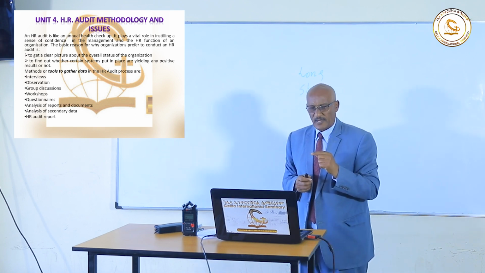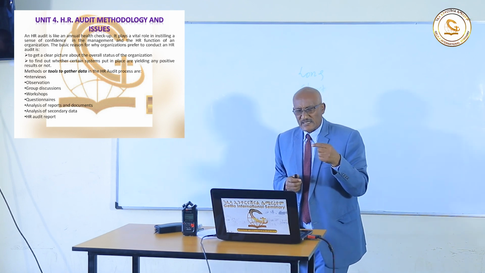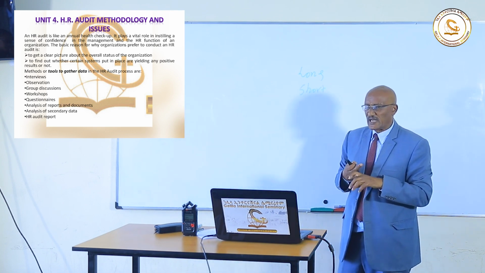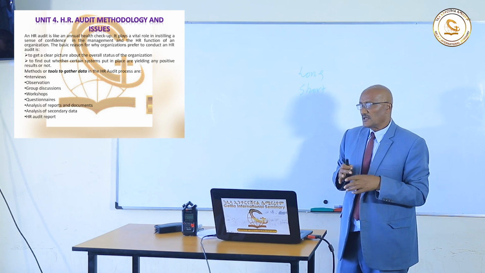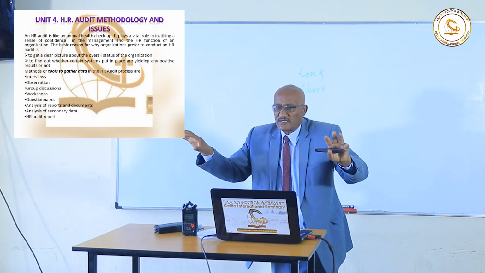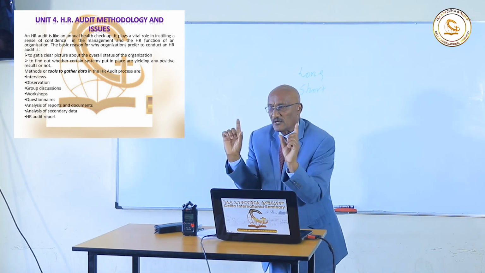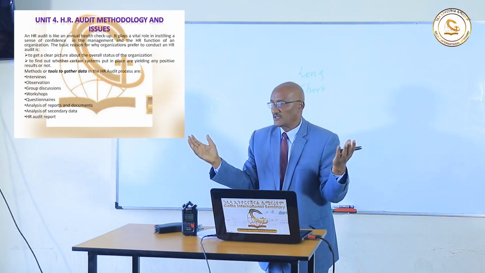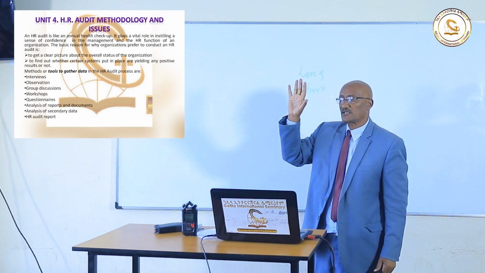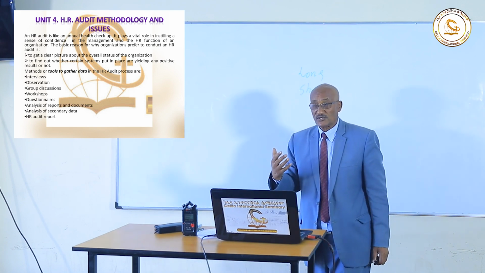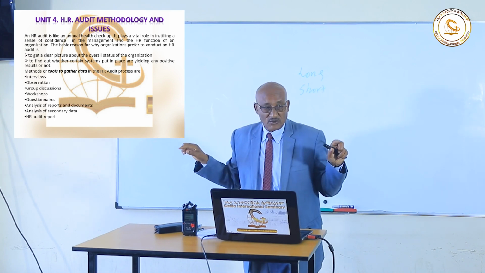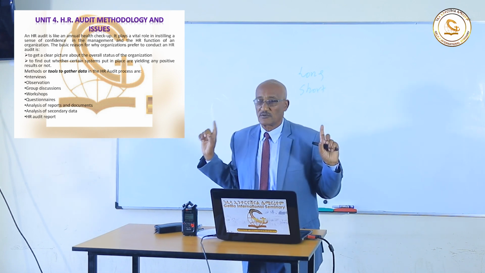Second point, to find out whether certain systems put in place are yielding positive results or not. You may have different kinds of structure. Are all these structures really productive or unproductive? One thing is to get a clear picture. Second is to check whether all segments of your organization are productive or not.